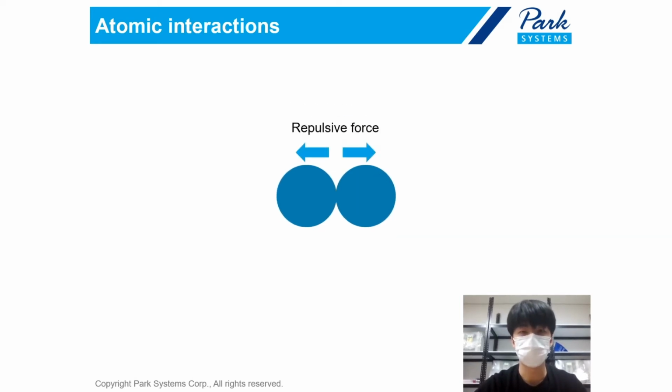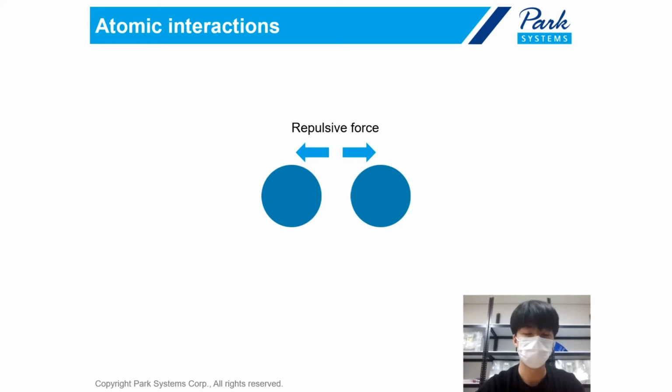But when they get so close, repulsive force pushes each other in the opposite direction. So we use these 2 kinds of forces for the AFM system, the attractive force and the repulsive force.